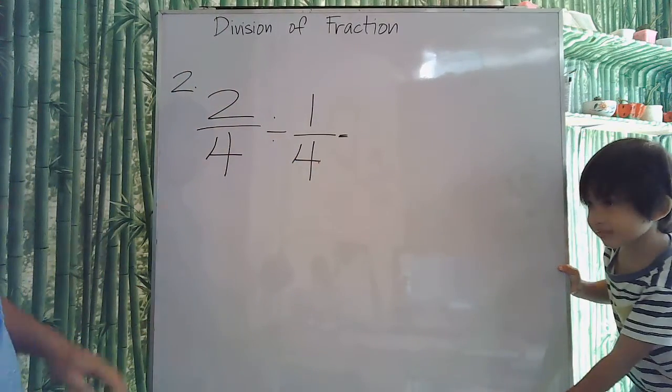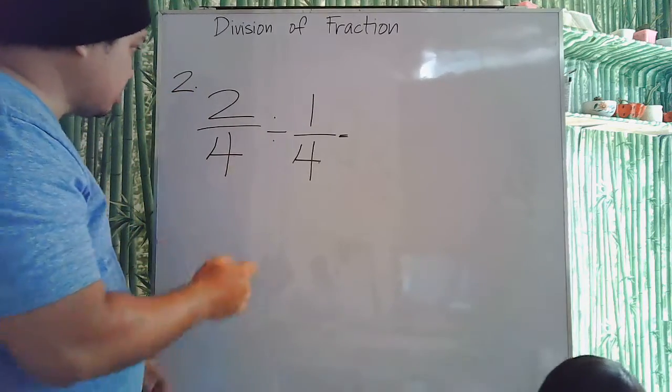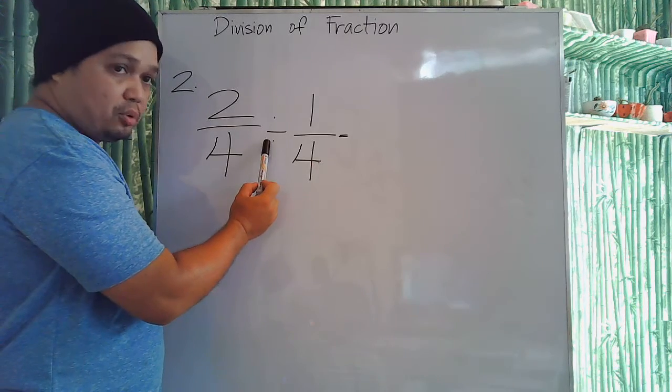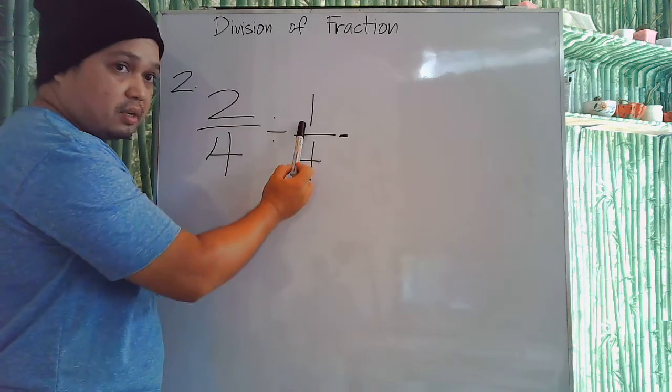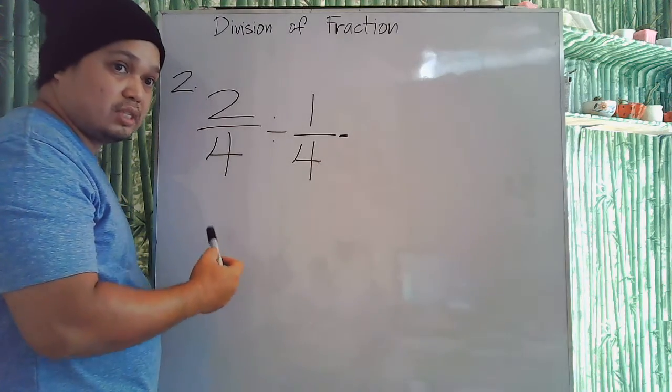Now, to answer this, let's just multiply this fraction by the reciprocal of the other fraction. So to divide fractions, let's multiply by its reciprocal.